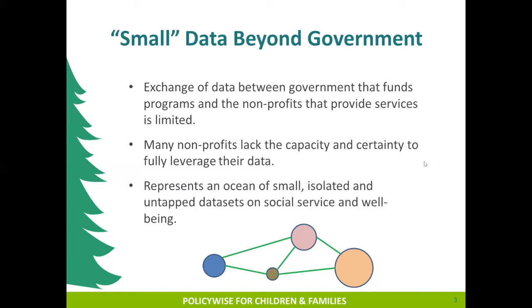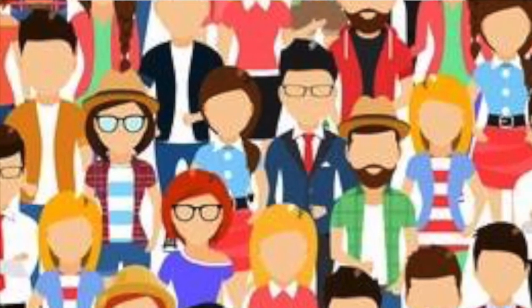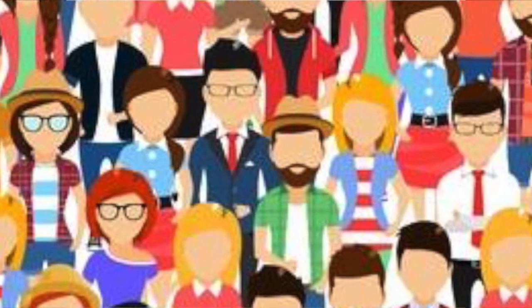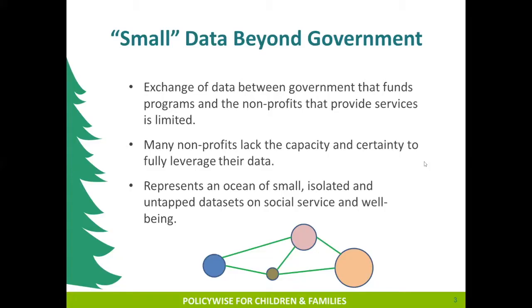Whereas more individual level data, such as specific diagnoses, services for individuals, and outcomes may not be requested in some cases. In addition, when we're talking about the nonprofit sector, most of the organizations are very focused on their specific mission of serving the client and the community. So in that way, they often may not have the tools, the capacity, or the time required to do as much with the data as they would otherwise have liked.